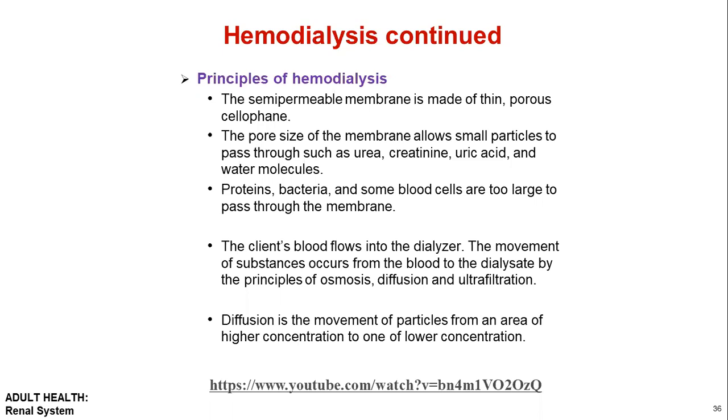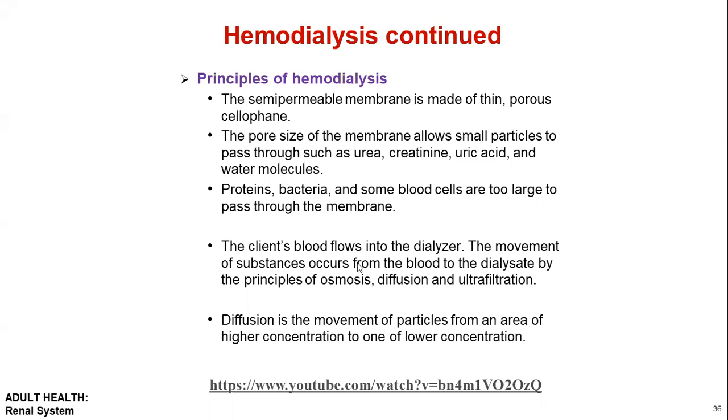During dialysis, or the kidney, eliminates them from your body. The proteins, bacteria, and some blood cells are too large to pass through, right? So the size of the molecule and the size of the pore in the membrane is important.